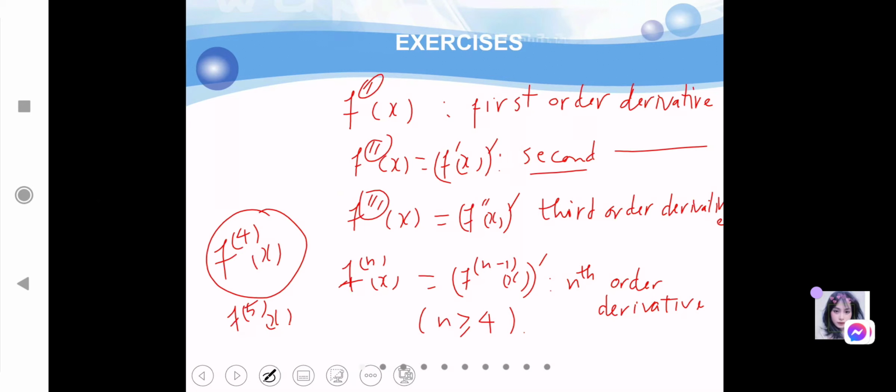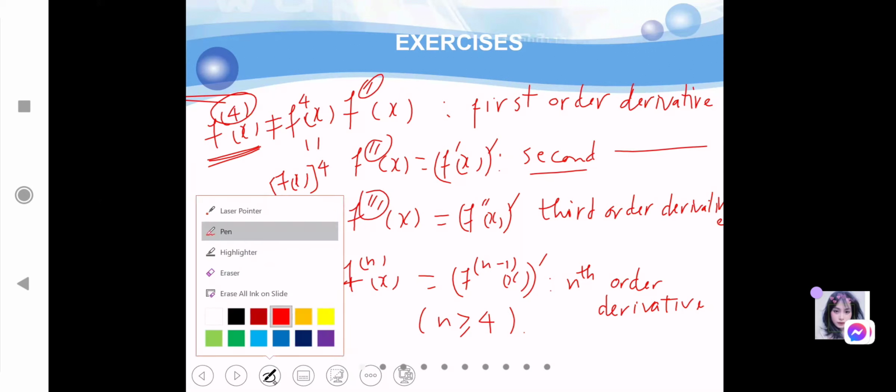Okay, but you need to distinguish between two notations. f^4(x) is very different from f^(4)(x). f^4(x) means f(x) to the power 4, and this is the fourth derivative, very different. If we use the derivative, you need to add the round bracket here.